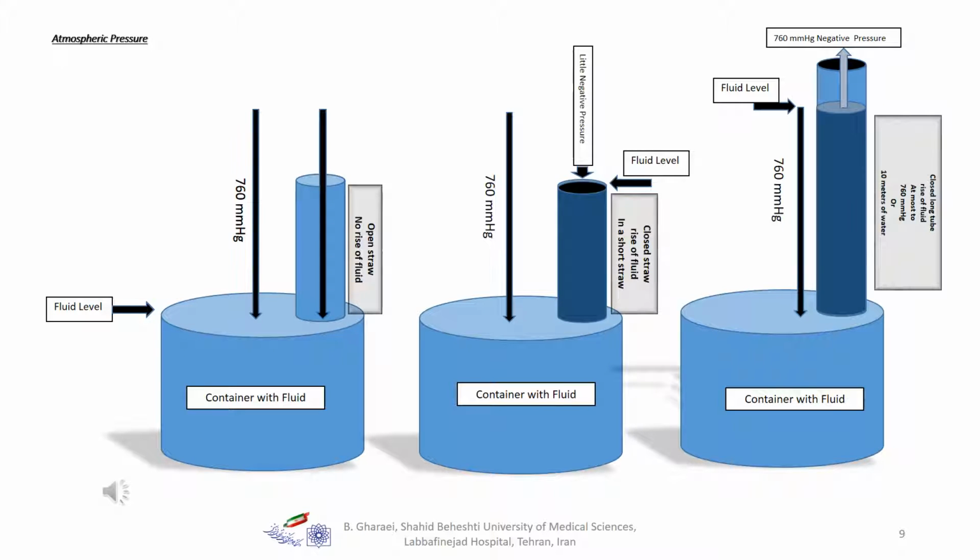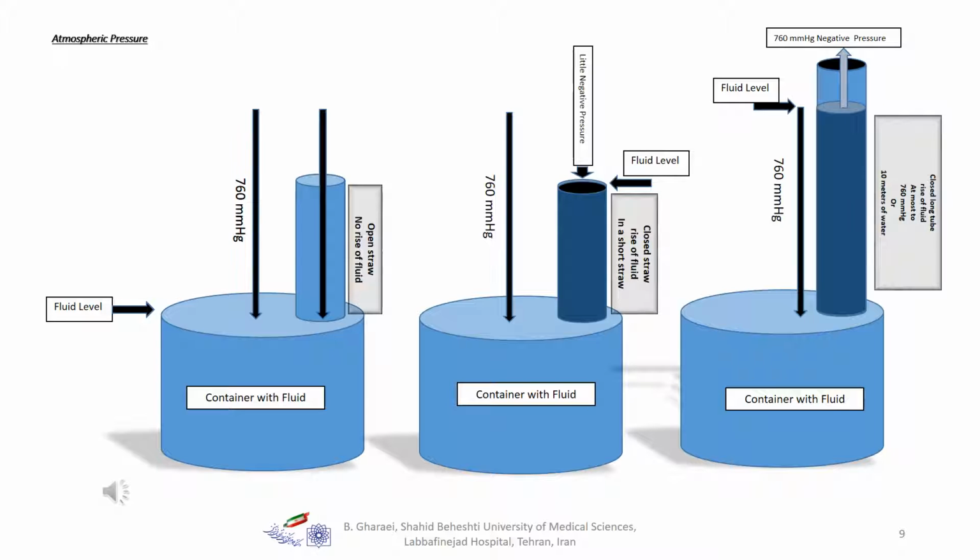As you can see in this picture, on the left side, you have a straw which is not closed. Then the inside and outside of the straw will have the same atmospheric pressure, and the level of fluid will not change inside and outside.